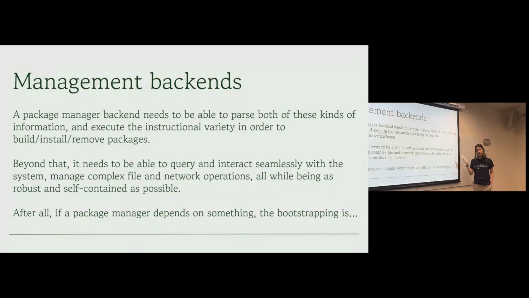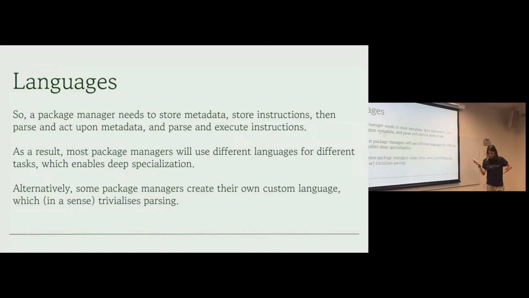And beyond that, it needs to be able to query and interact seamlessly with the system, manage complex file and network operations, and you want it to be as robust and self-contained as possible. If your package manager has a lot of dependencies, you can't install the dependencies without the package manager, and the bootstrapping is no good. So a package manager needs to be able to store metadata, store instructions, parse and act upon metadata, and then parse and execute instructions.